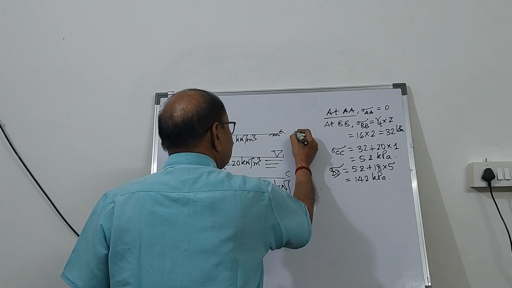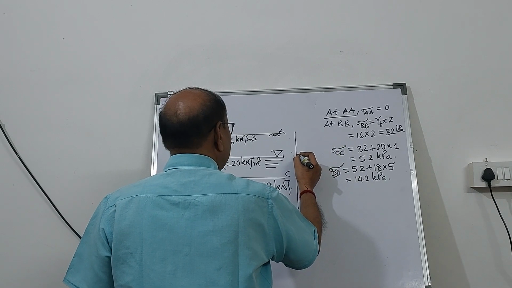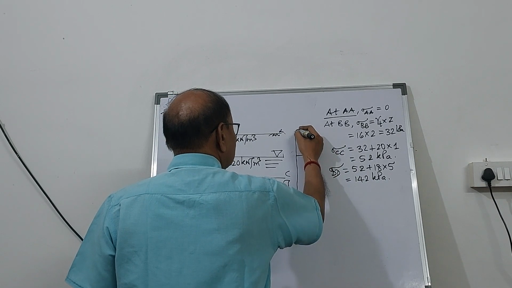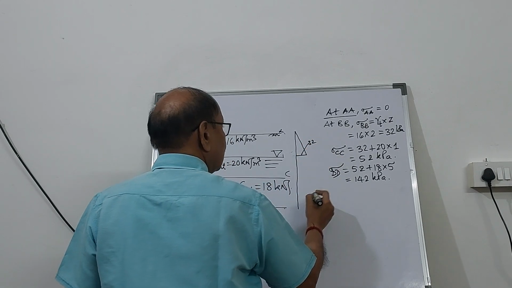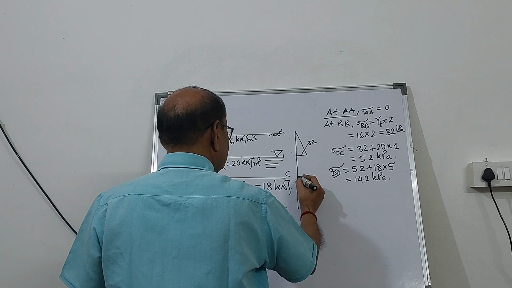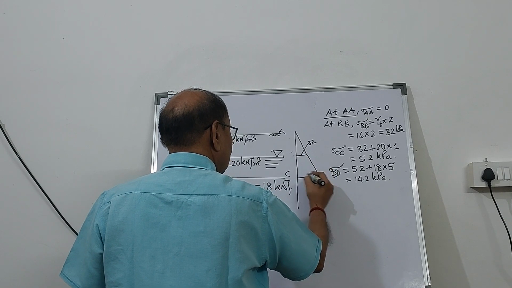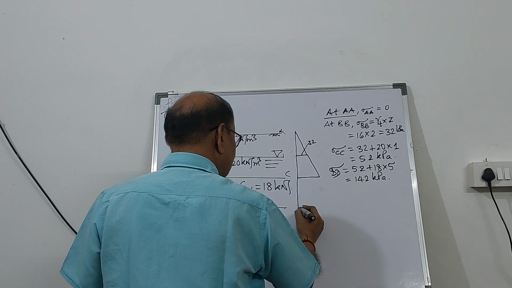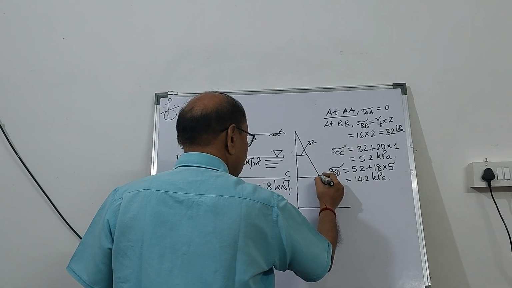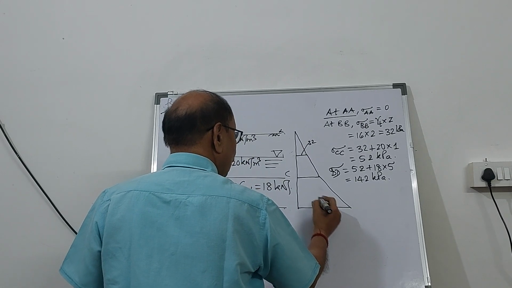It is 0 here at A, then at BB it is 32, at CC it becomes 52, and at DD it becomes 142 kilopascal.